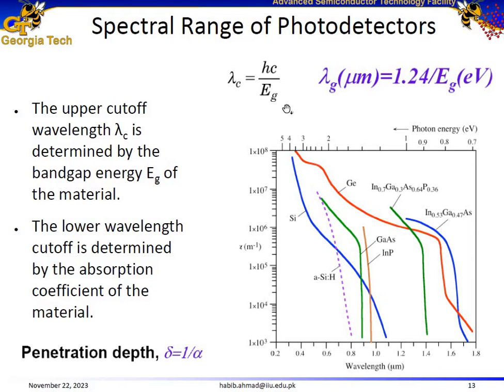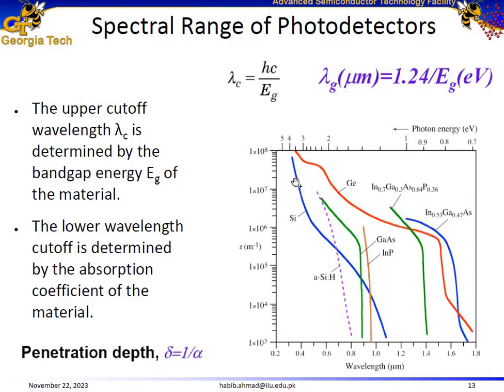How about the lower cutoff wavelength for these photodetectors? The lower cutoff wavelength is dictated by the absorption coefficient of semiconductors. Here is a plot of absorption coefficient per meter versus wavelength in the range of 0.2 to 1.8 micrometers, or in nanometers, 200 to 1800 nanometers.